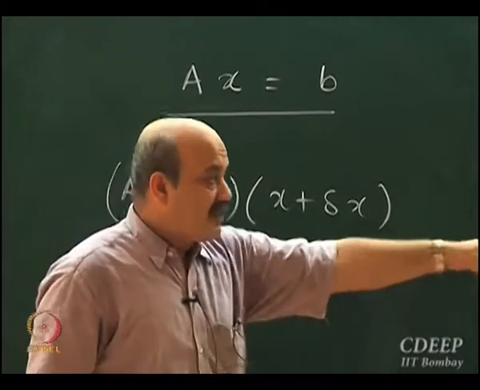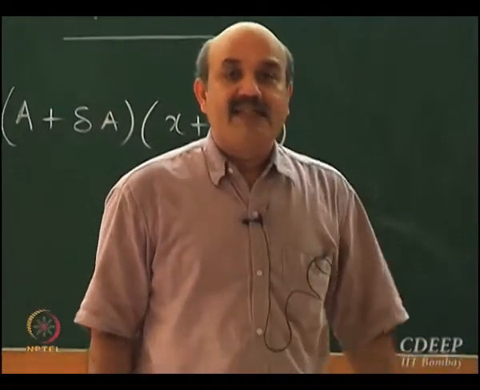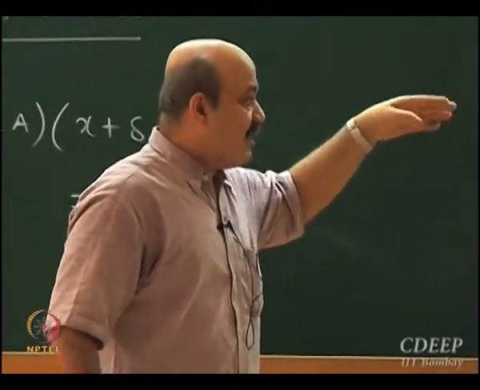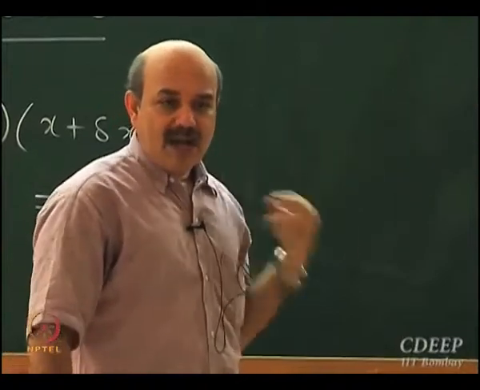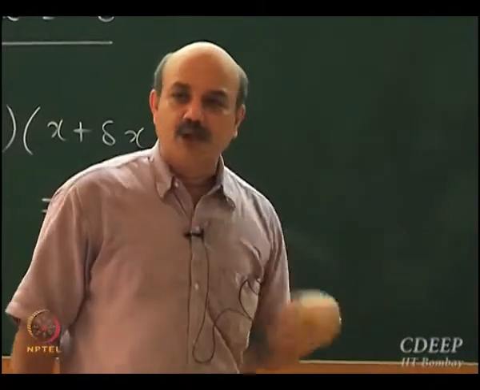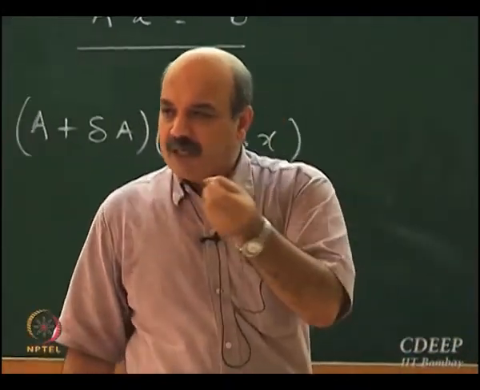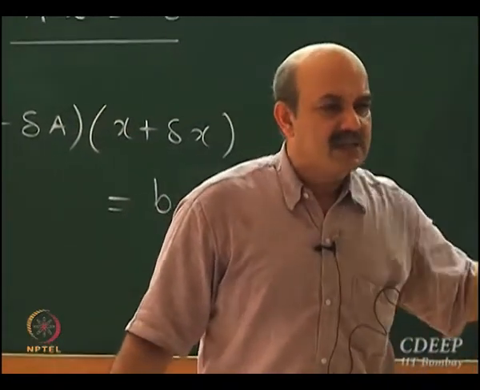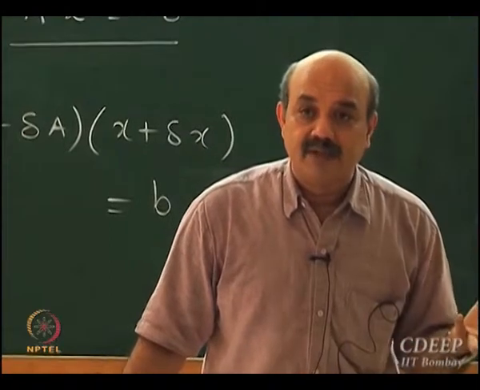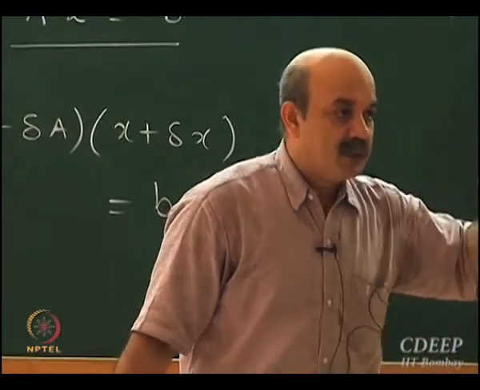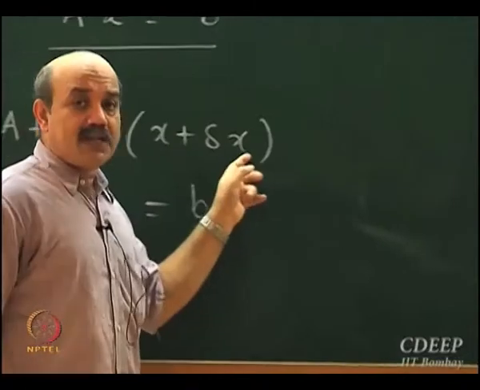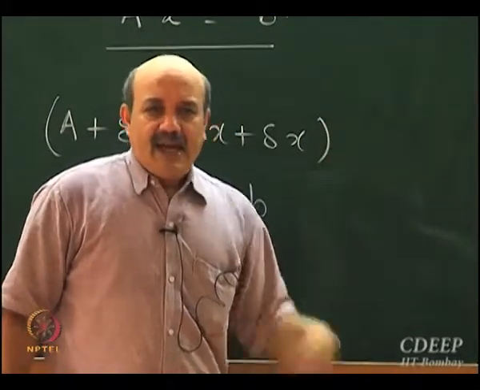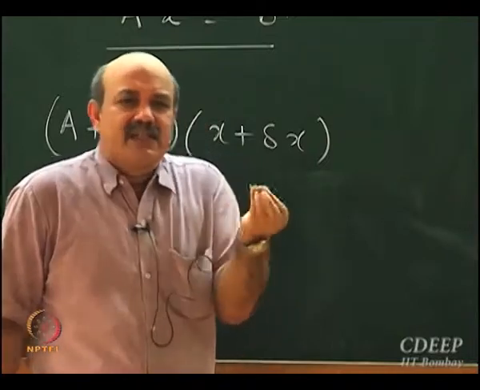Now if you see, my matrix delta A contains very small perturbations compared to the elements 10, 7, 8. My perturbations are 0.1, 0.2, 0.01, 0.02. Small perturbations in the A matrix. You might imagine that such small errors will not change the solution drastically. Typically with a small perturbation in A, x should change a little bit.